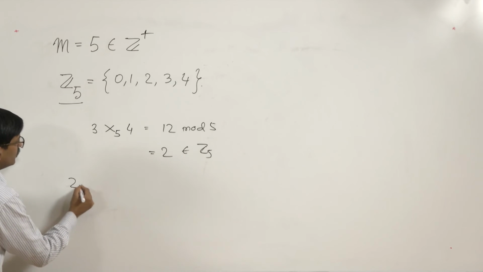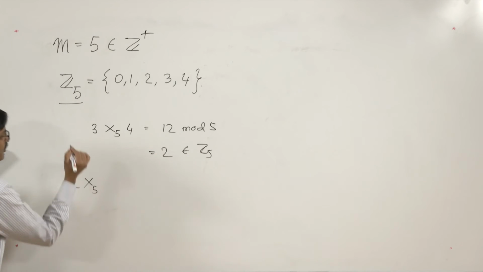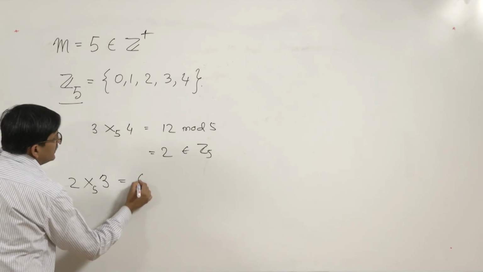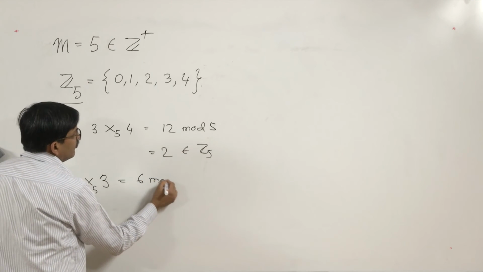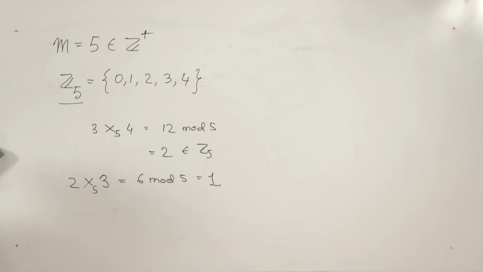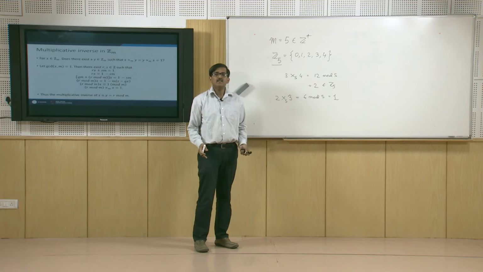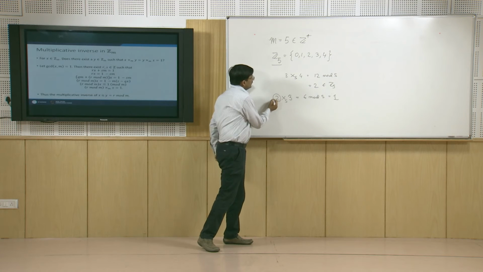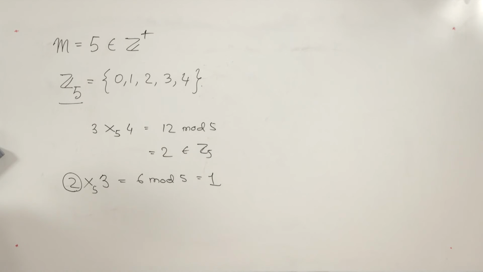For example, I have got 2, and if I multiply modulo 5 3, I get 6, which mod 5 is 1. What does it mean? It means that when we are given a number 2 in Z5, I have got another number 3 such that their product is going to be 1.